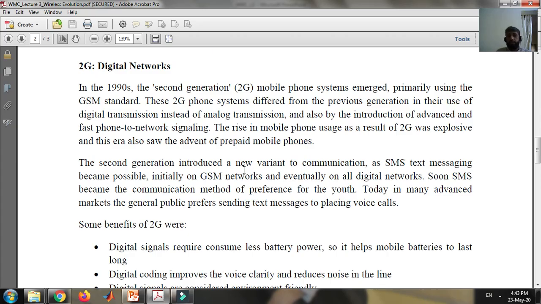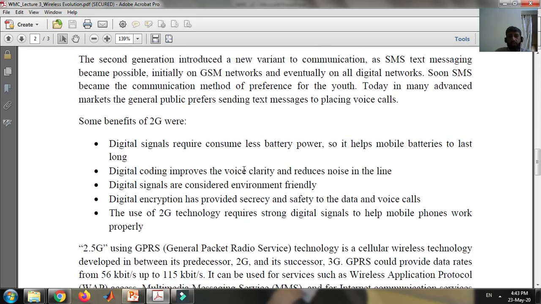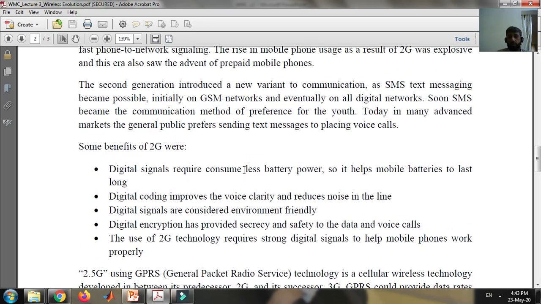Some of the benefits that we witnessed in 2G were, because it was digital signaling, it required less power as compared to analog signaling. That affected the battery life, so you were able to use the batteries for a longer time.